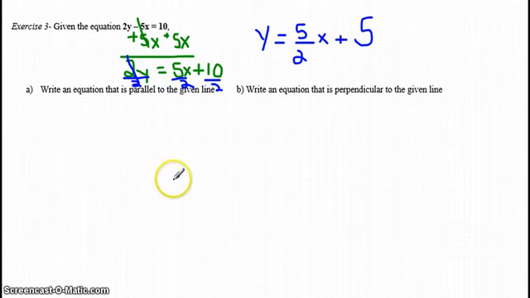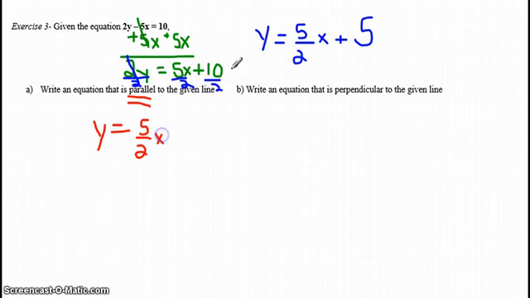And here, if we want it to be parallel, we know parallel has the same slope. So y equals the same slope over here, 5 over 2x. And again, my y-intercept can be any number, so plus 7.